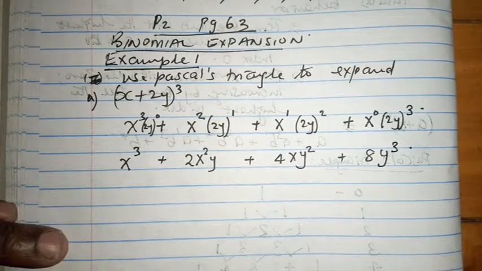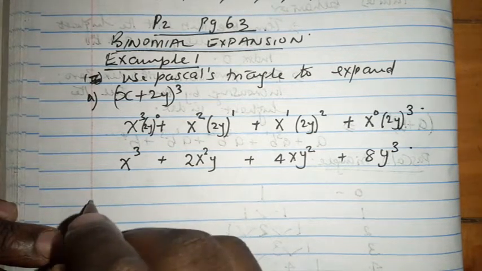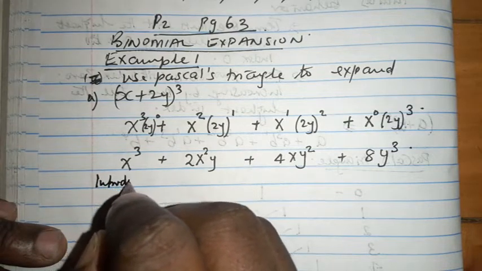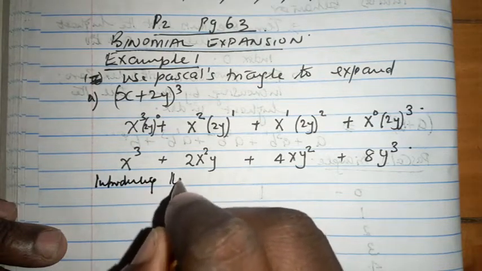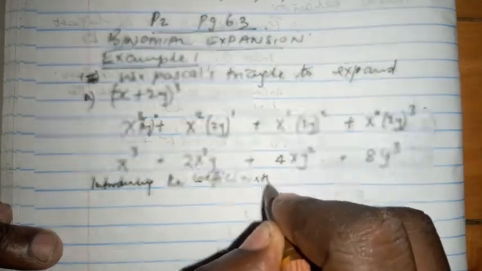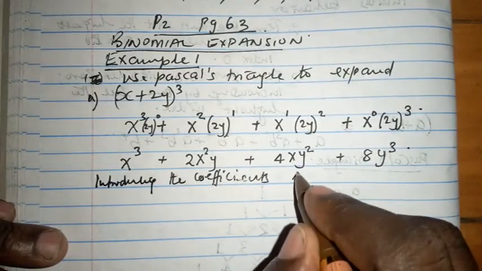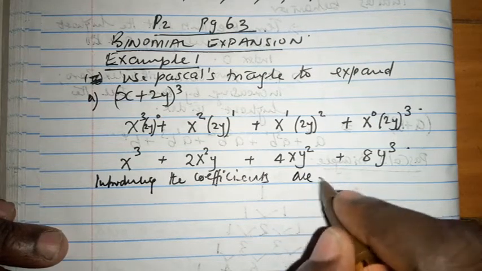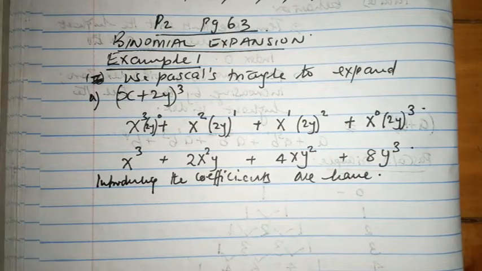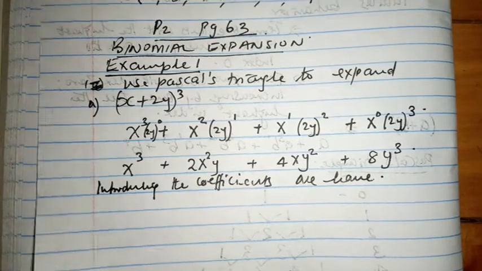At that point now, introducing the coefficients, don't forget, very important. This is now where the Pascal's triangle becomes very important and very critical.